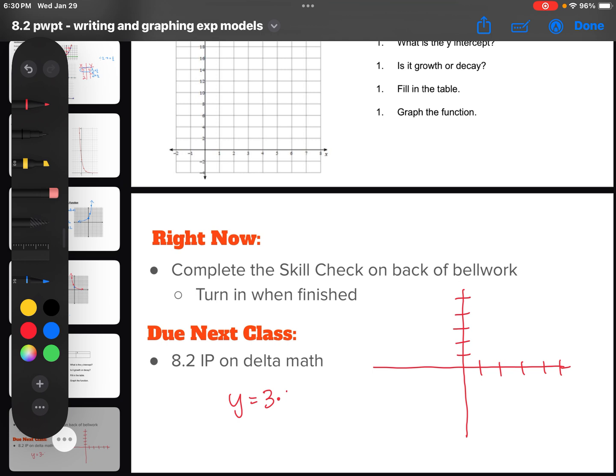I don't remember exactly what the equation is, but the only thing that I want to say is on your y-axis, just count these by 3s, okay? If you just count your y-axis by 3s, you'll be able to fit the points, because I think you need to be able to plot this point and then (1, 15), and your graph should look something like that when you graph it. So this is on that skill check, okay?